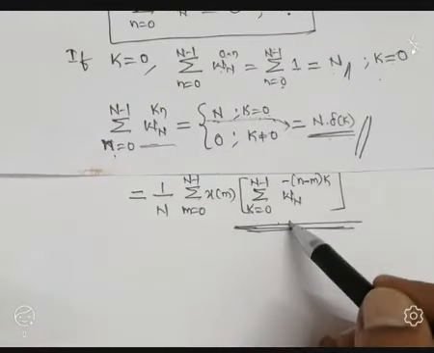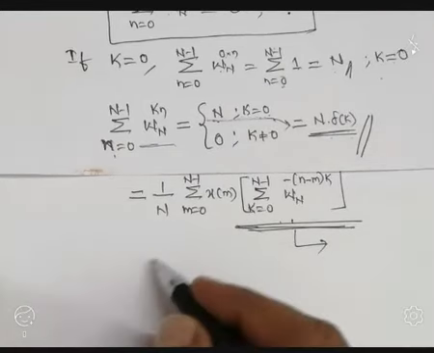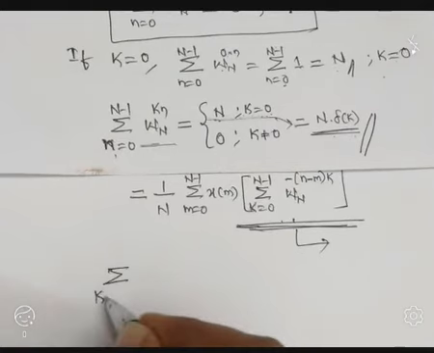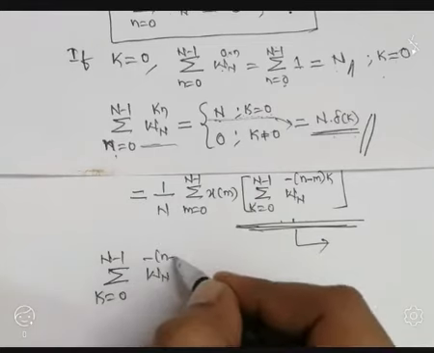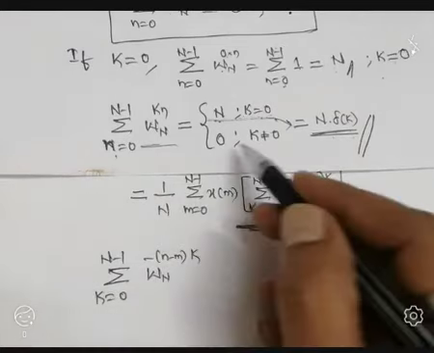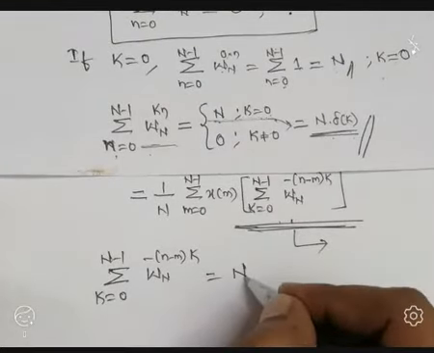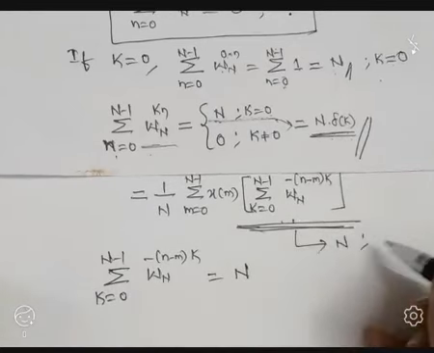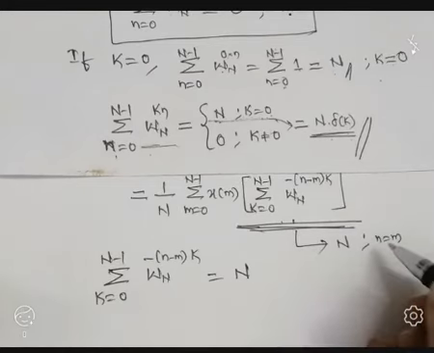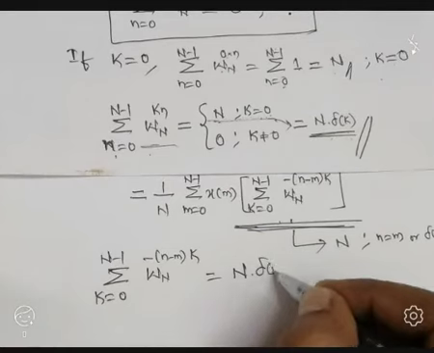Similarly, this one we are writing as summation k equal to 0 to n minus 1 w of n minus m into k. With reference to this example, we are getting answer n when n is equal to m, or we can write delta of n minus m. So this equation we can write as delta of n minus m.